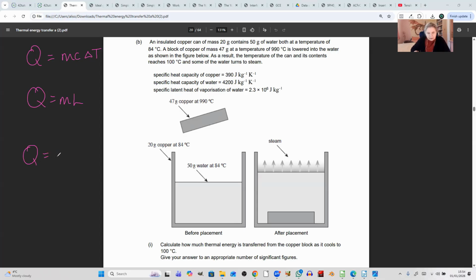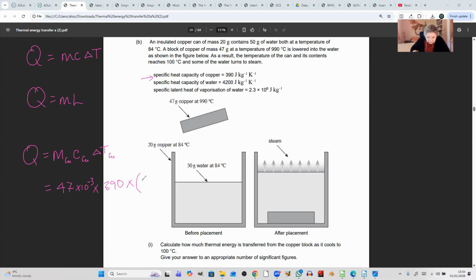So it's m for the copper, c for the copper, delta T for the copper. Right, now mass for the copper is 47 grams, times 10 to the minus 3. The specific heat capacity for the copper is there. That's 390. And what's our temperature change?